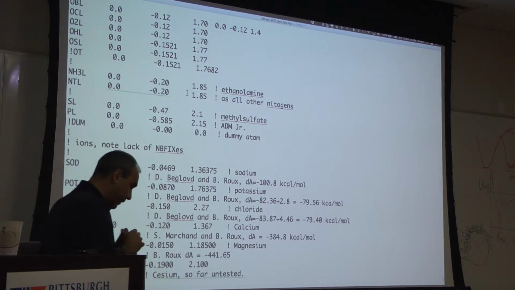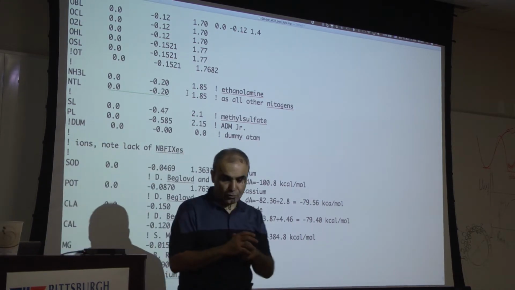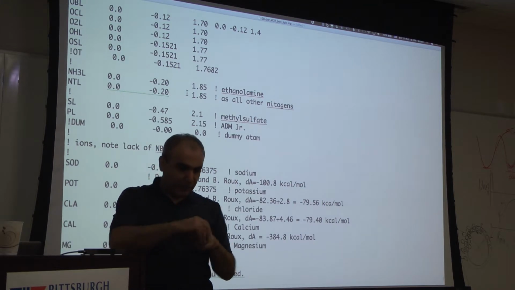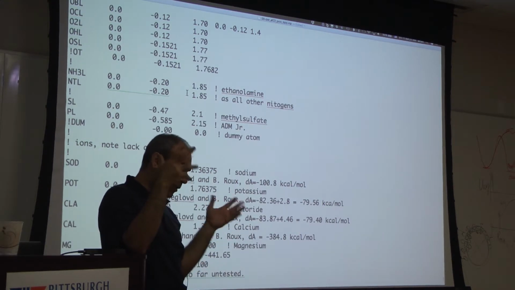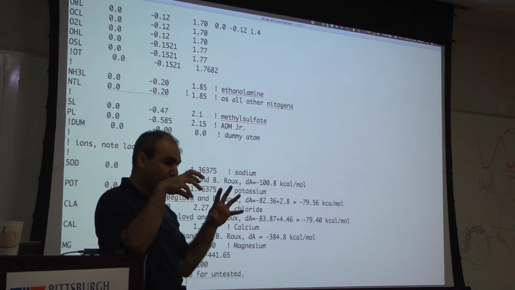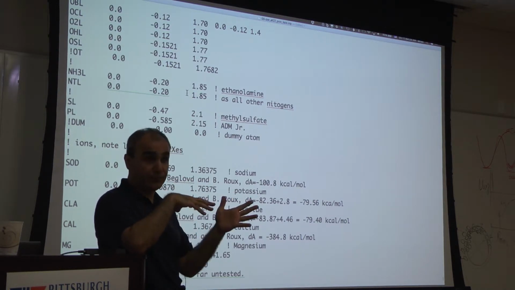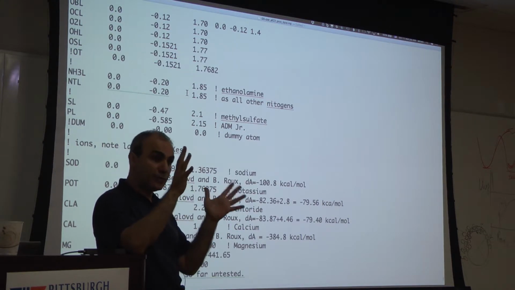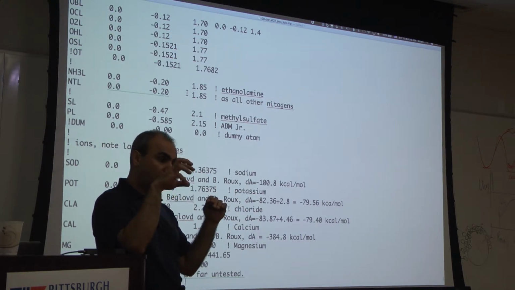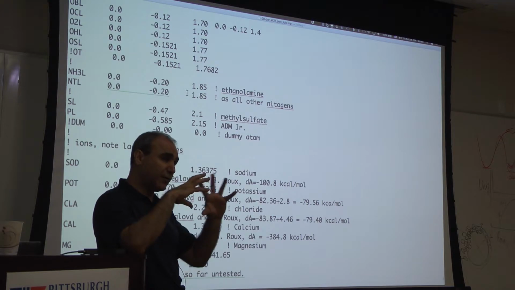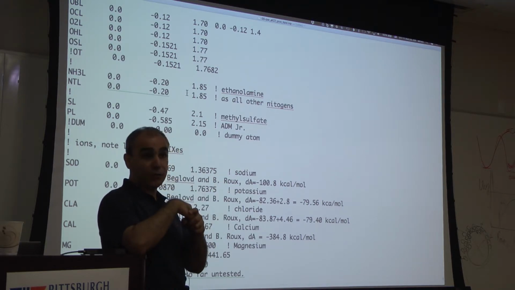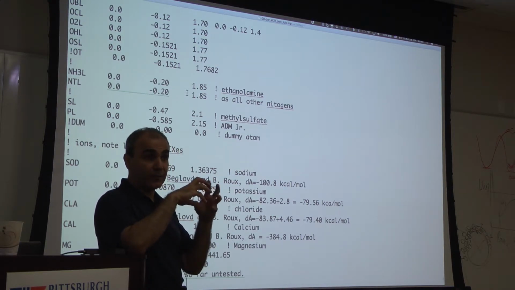For example, let's say we are talking about ions. Let's say I'm setting up my parameter set using the solvation free energy of sodium ions or potassium ions in water. So the interaction with water is good. But then when this ion goes inside a protein, in a particular arrangement of groups, the interactions are too strong.